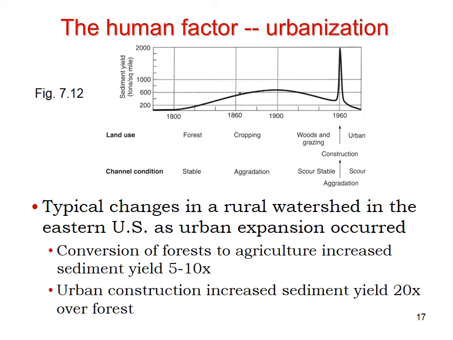And we're looking at Euro-American agriculture coming in around 1800 and beginning to convert the forest to croplands. And what the curve shows is what appears to be the change in sediment yield as Euro-Americans came in and began to change the land cover, change the vegetation cover.